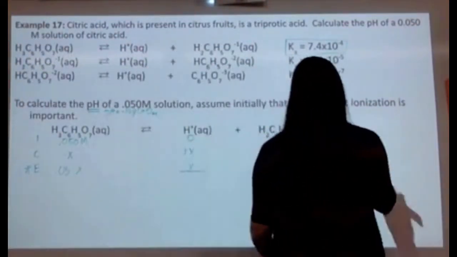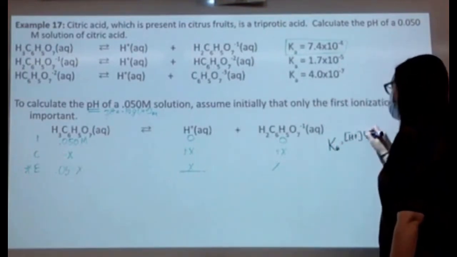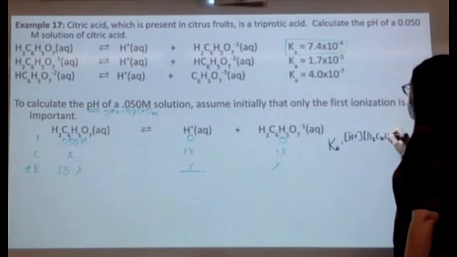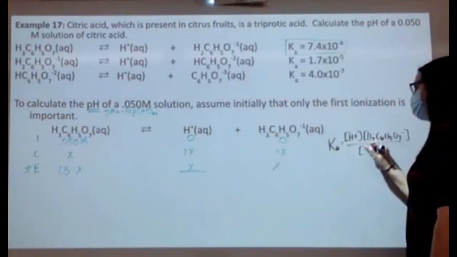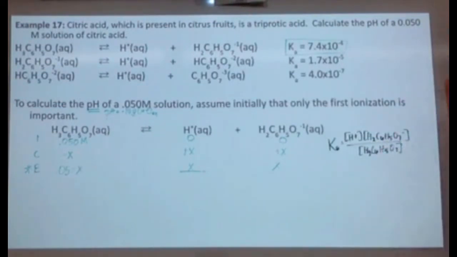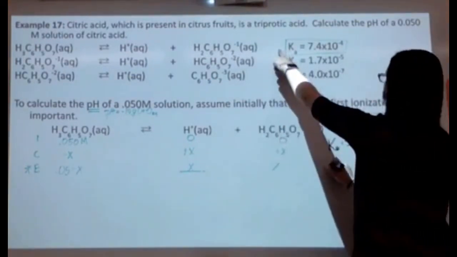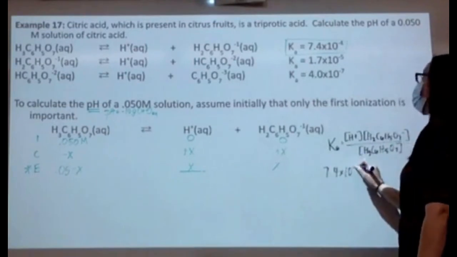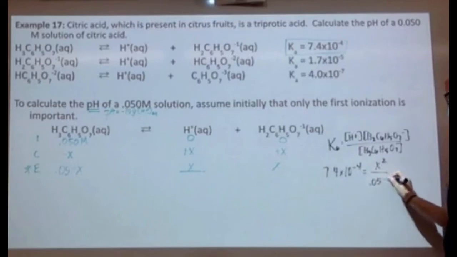If I write the Ka expression off to the side, H plus times H2C6H5O7 minus over citric acid. Now we plug in what we know. This is an equilibrium constant, so we need equilibrium concentrations. Ka for the first ionization, 7.4 times 10 to the negative fourth, equals X squared over 0.05 minus X.